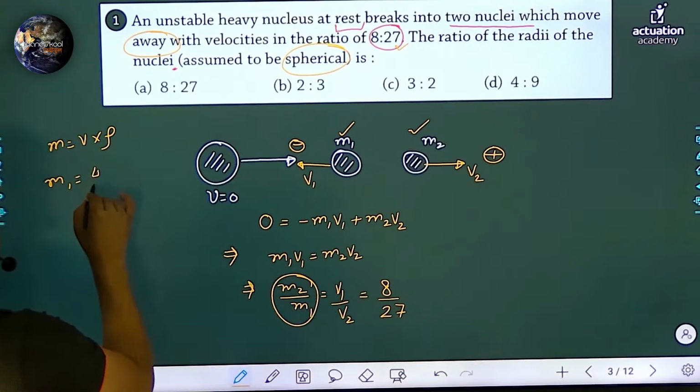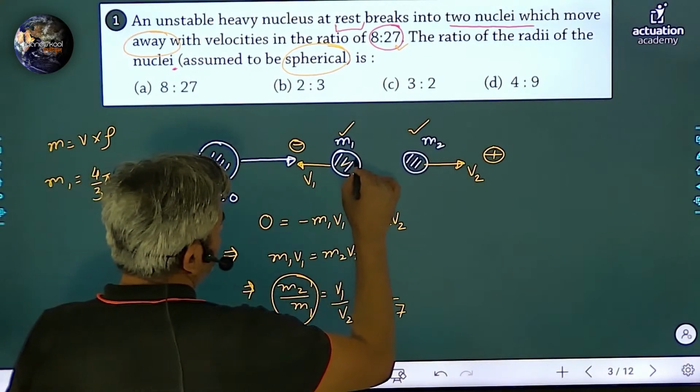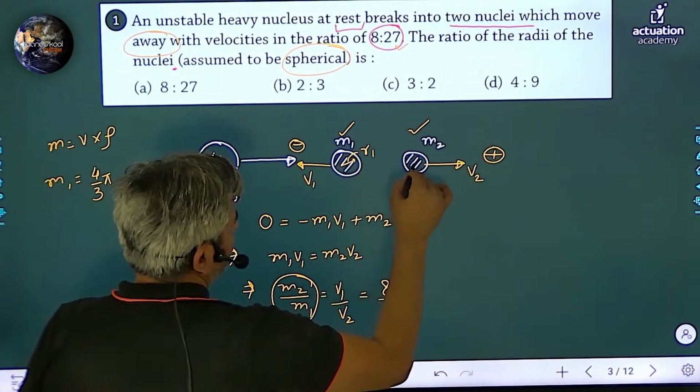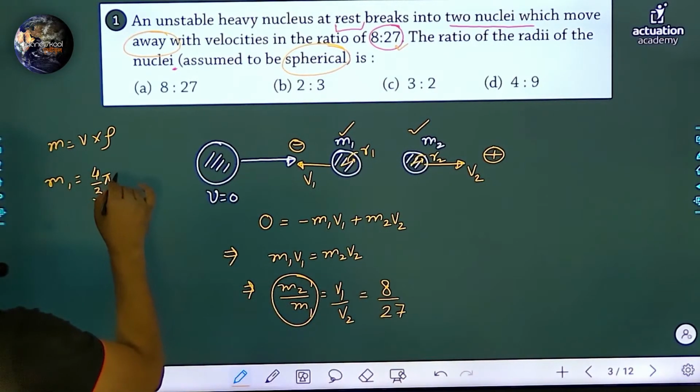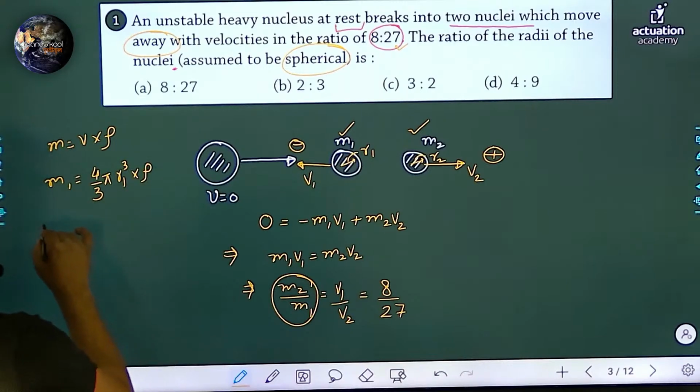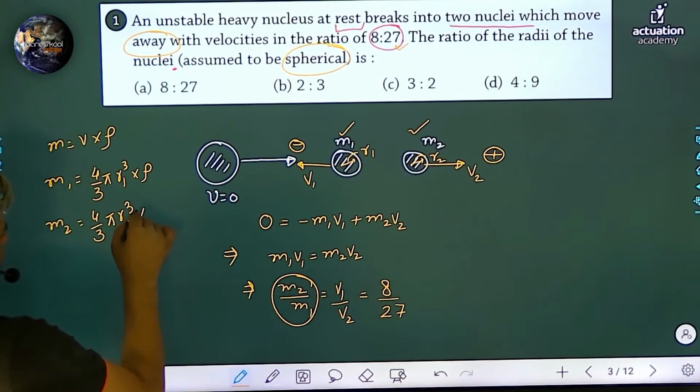Let the radius of this nucleus be R1 and of the other R2. So M1 is 4 by 3 pi R1 cube into density, and M2 is 4 by 3 pi R2 cube into density.